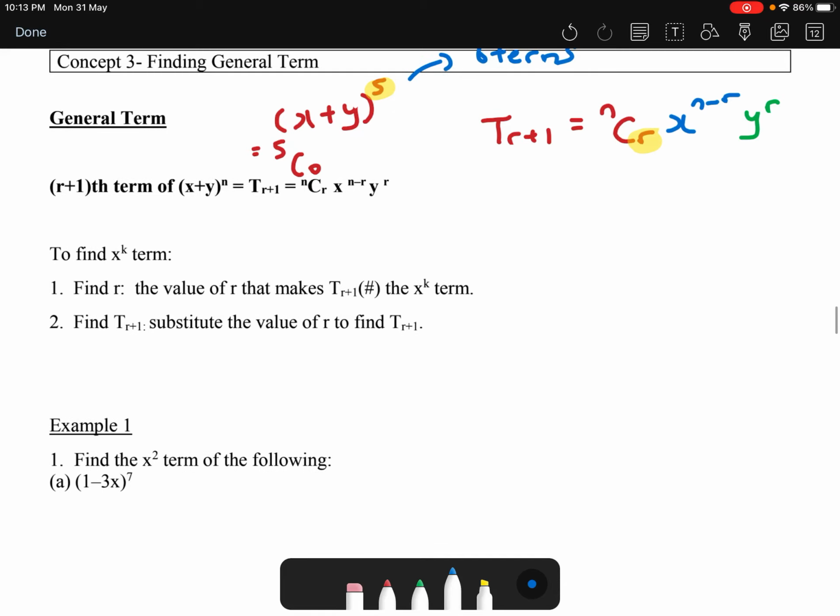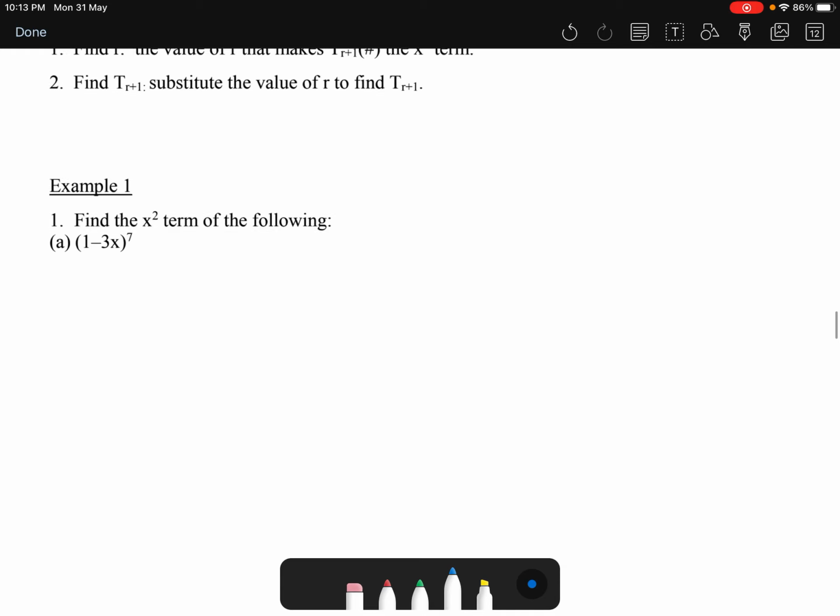Let's do some examples to further deepen our understanding. Find the x squared term of (1 minus 3x) to the power of 7. How do we find this? This is still simple because we want x to the power of 2, so we simply use 7 choose 2. Then here is 1 bracket, and here is minus 3x bracket.